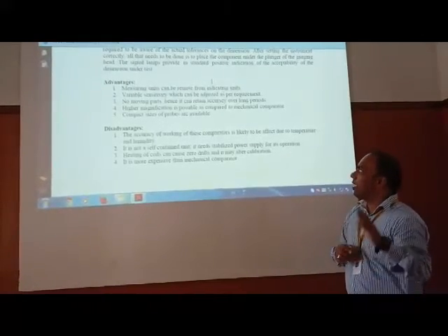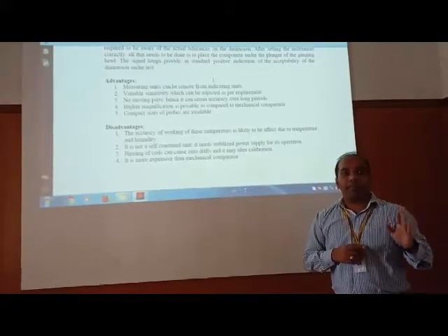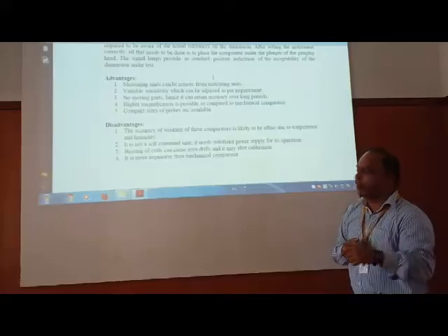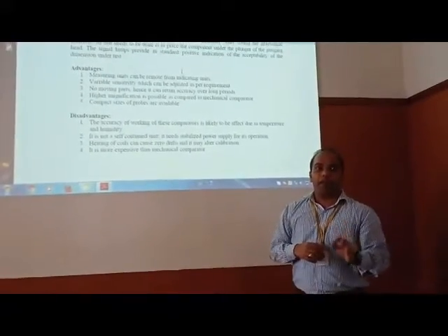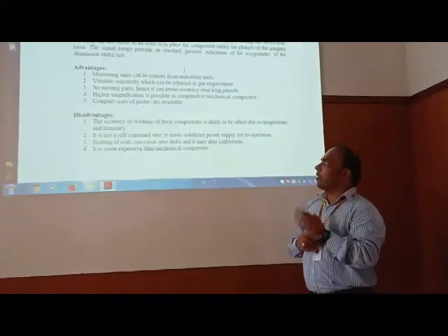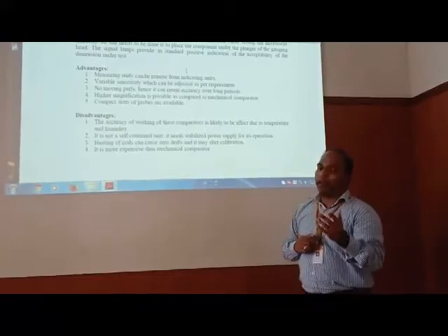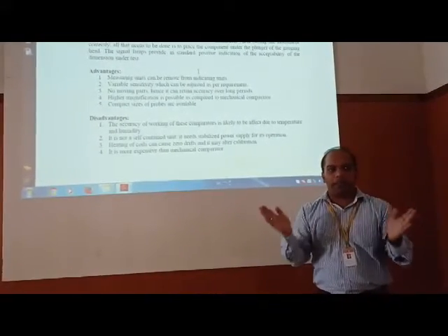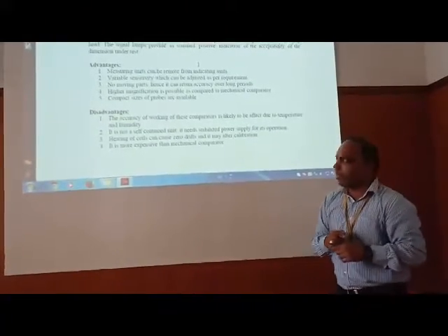No moving parts, hence it can retain accuracy over a long period. That means no wear and tear, therefore no replacement of parts inside. Higher magnification is possible as compared to mechanical comparators. Compact sizes of probes are available. So the component may be smaller or larger in dimension. You just have to change the touching probe and you will get the accurate reading.